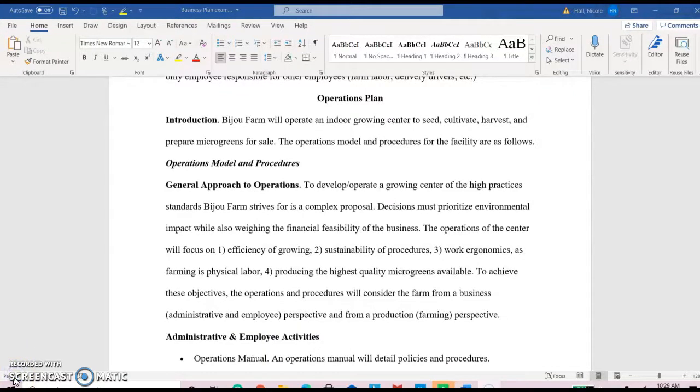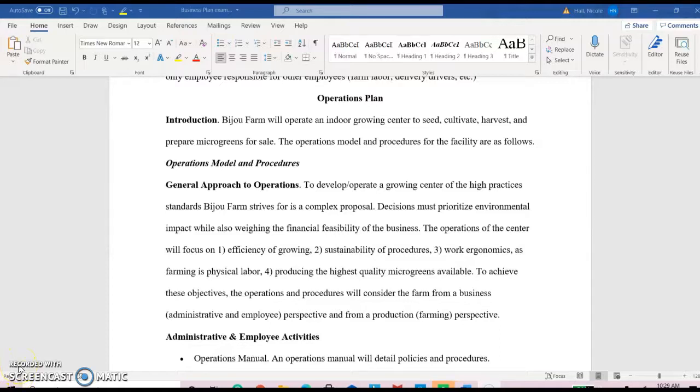The operations plan section of the business plan outlines how your business will be run and how your product or service will be produced. The topics that are generally included are operating model and procedures, business location, facilities and equipment, and operation strategy and plans.